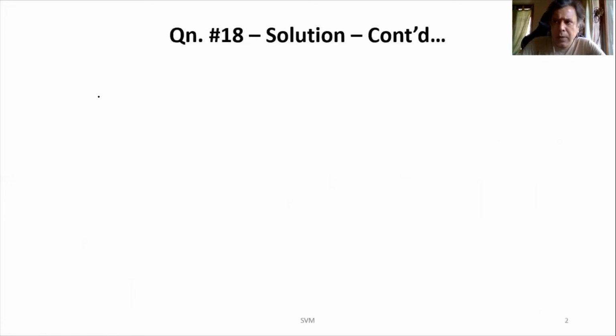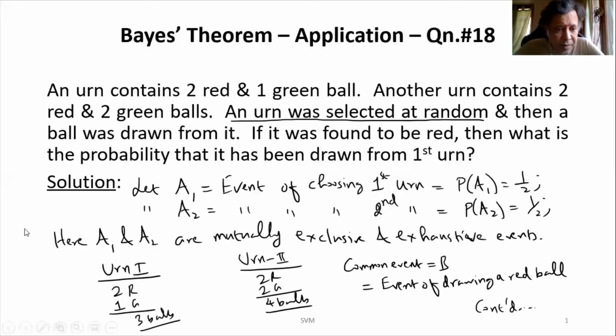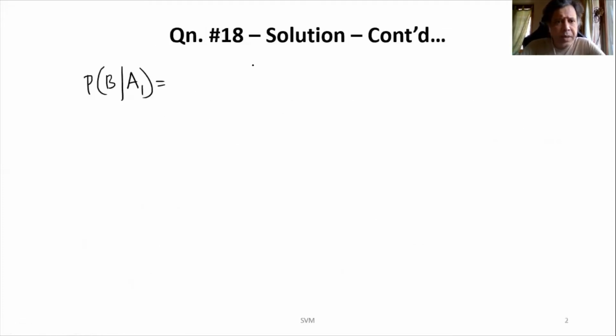Now, what is given? They gave you indirectly the probability of drawing a red ball, provided it is drawn from the first urn. Given that it is drawn from the first urn, how much will it be? In the first urn, there are 2 red balls out of 3 balls. That means if I want to draw red, the probability works out to 2 by 3.